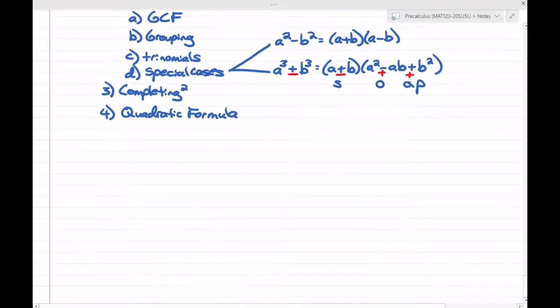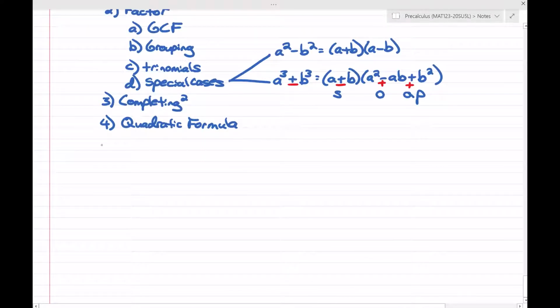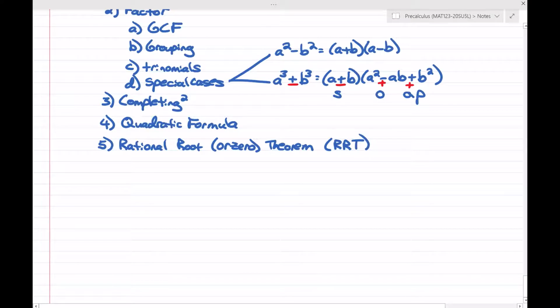They are related. And then we're going to talk about a new technique today called the rational root or zero theorem. Now, when I talk about the rational root theorem, I usually use just RRT, just for short.